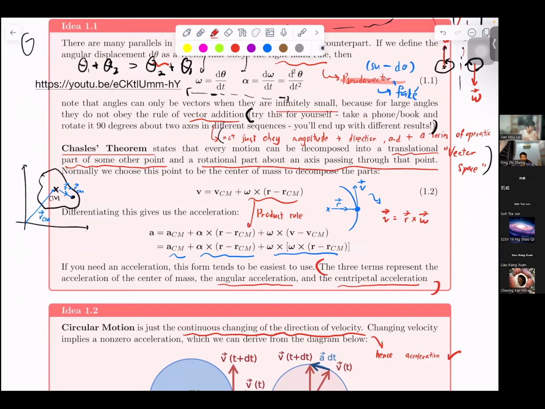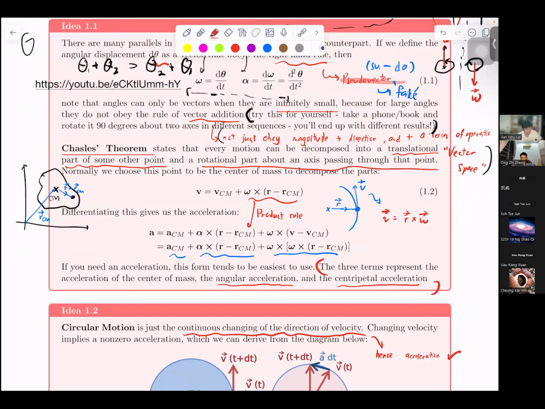But then Chasles' theorem says that when you come to analyze this complicated motion, you can divide it into two motions, analyze them, and add them up together. You can divide it into a translational part and a rotational part. Let's think of the hammer as a point mass moving in projectile motion. That is the translational part. The hammer is also rotating, and that will be the rotational part.